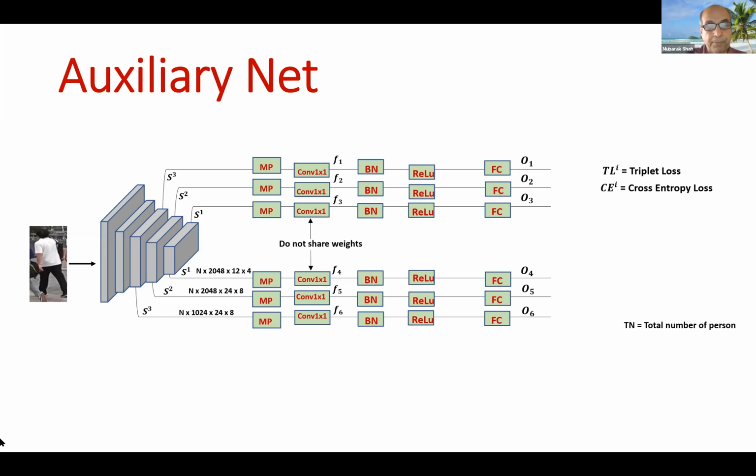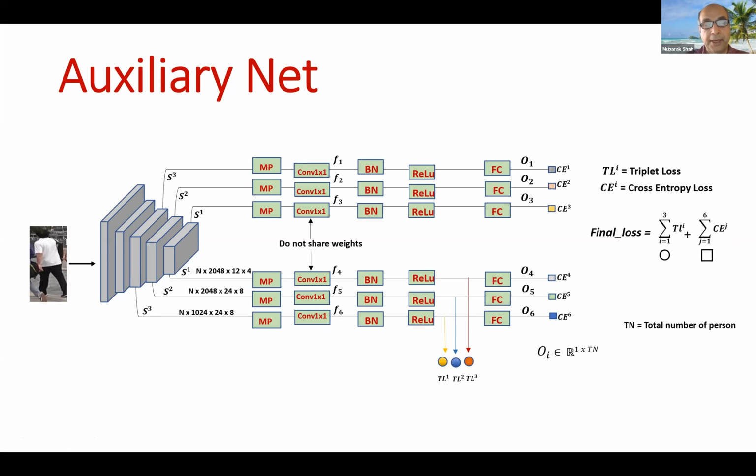So let's say we have an image here, we get these features from different layers, and we call them these scales. We have these 2 parallel networks, and they don't share weights, and we take the lower one and apply the triplet loss, and for the upper one and the lower one, we also apply the cross entropy loss. We add these 2 losses up like this, and we train this network, and we get these features from the auxiliary net.